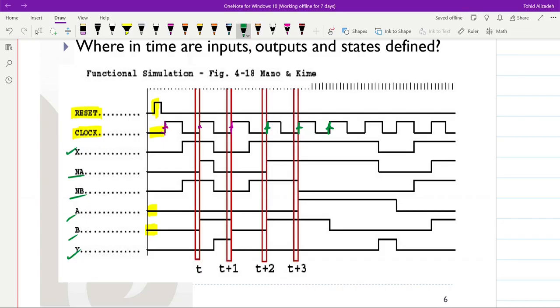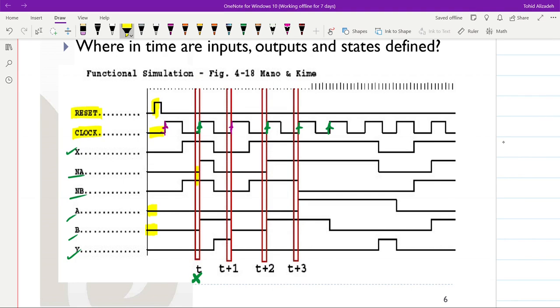Something important here is that when you want to determine the value for A and B, you just look at the value just before the rising edge of the clock that we have for NA and NB. So for example, in the first case, T here, if you check the values for NA and NB, you can see that for NA we have 0, and for NB we have 1.